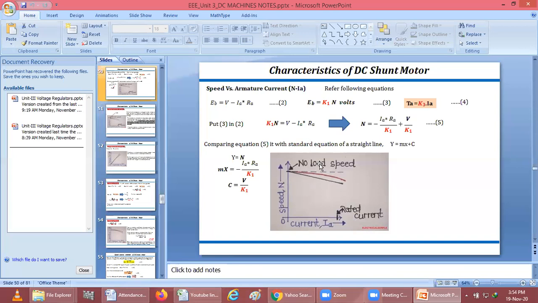And if we do not have any load, your speed will be maximum, so you can call that the no load speed. And if there is a load, that maximum speed will decrease with increase in current, and we call that maximum current the rated current. So this is the characteristics of DC shunt motor for speed versus current.